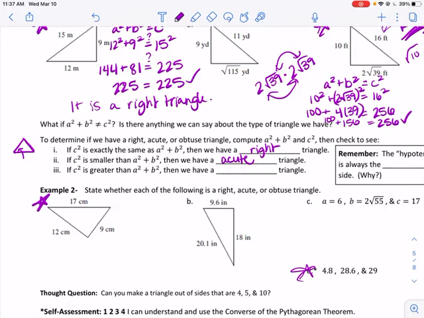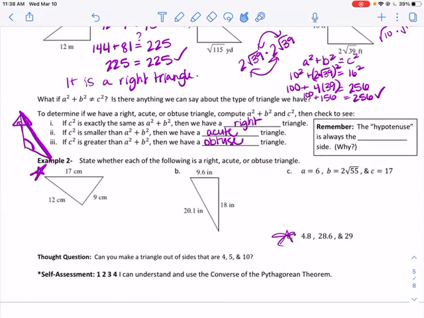So if c squared is smaller, then it's an acute triangle. If it is greater, then that means that the hypotenuse is longer than it would be if it were a right triangle. It's not a hypotenuse now. And so that leads to a bigger angle. So this is going to be called an obtuse triangle. Obtuse means it has one angle that is bigger than 90 degrees.